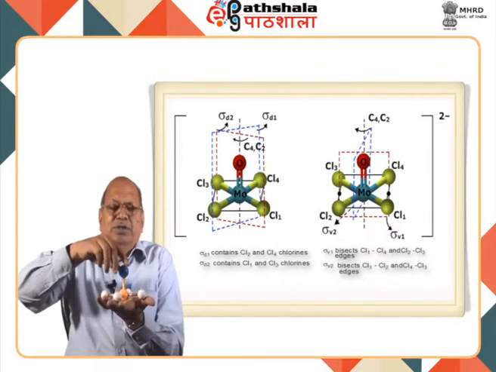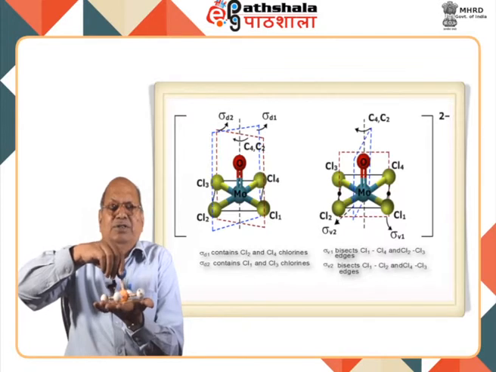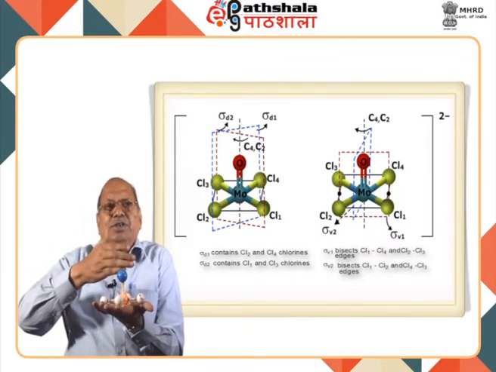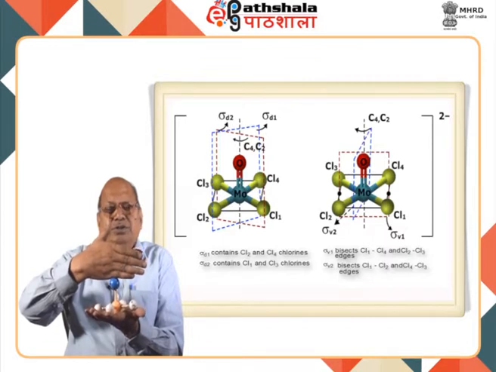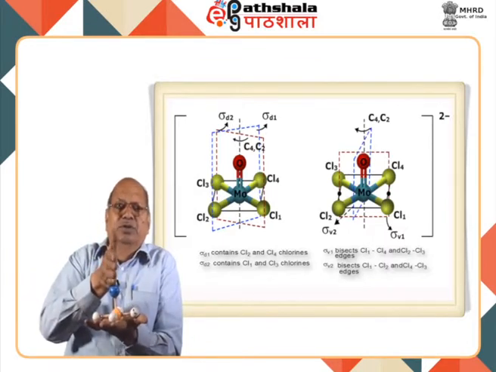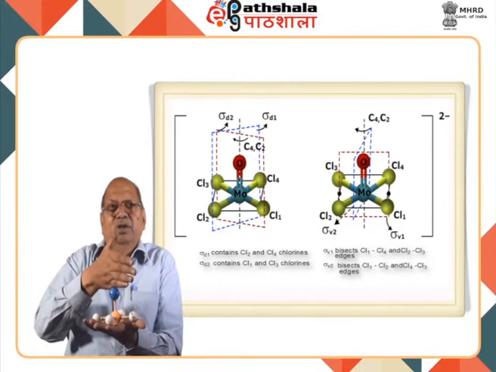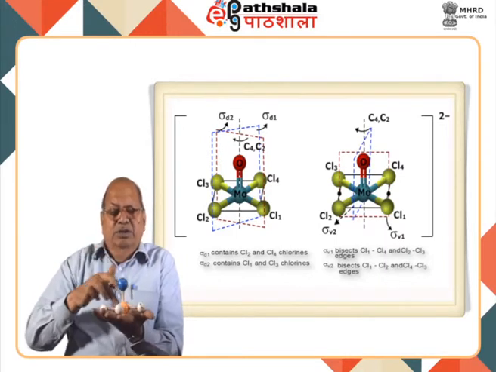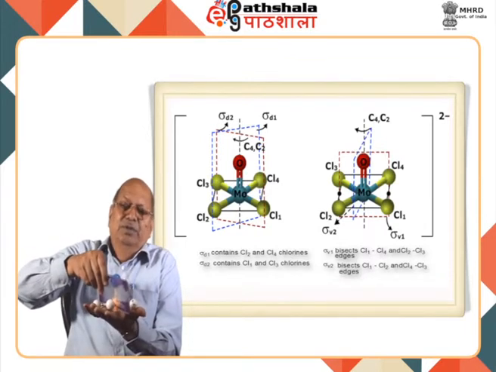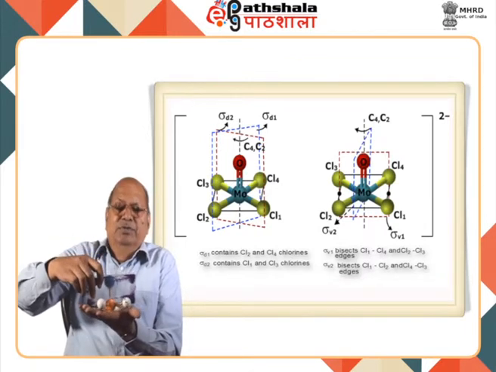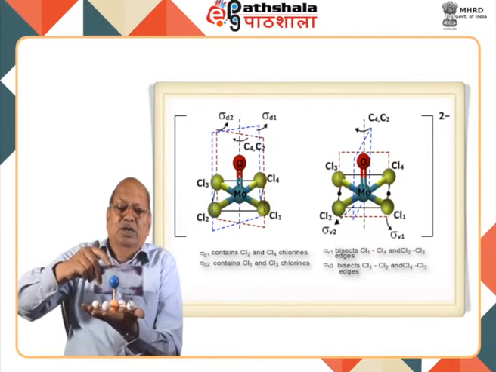C4V point group because it has a C4 axis and it has sigma V's also. That is, this is along the bonds, this is also along bonds, and this is in between these bonds. That is, this is in between bonds, this is in between bonds, and this is along the bonds.